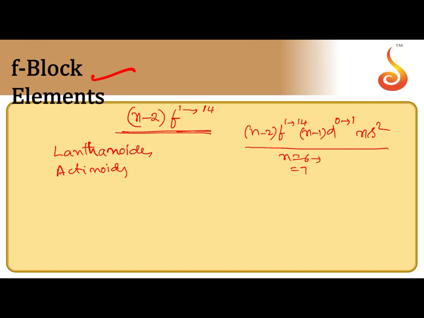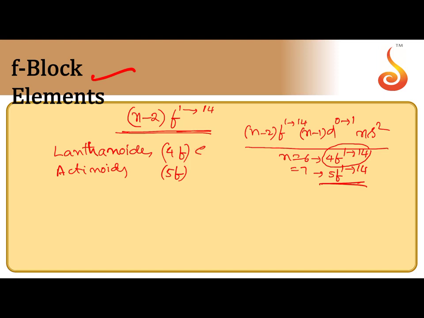When n is equal to 6, the differentiating electron enters into 4f, so these 14 elements are called the 4f series or lanthanoids. If n is equal to 7, the differentiating electron enters into 5f, 5f 1 to 14. These elements are called the 5f series, so actinoids are also called the 5f series.